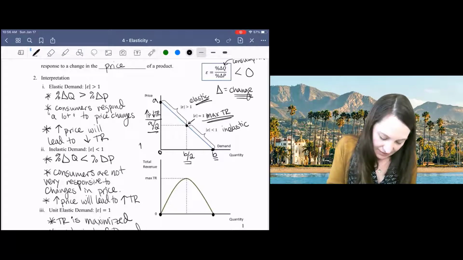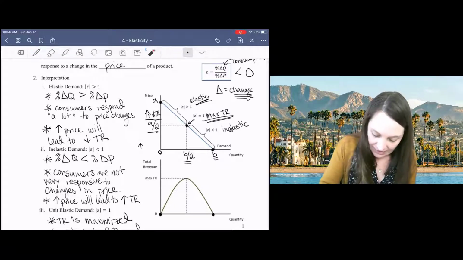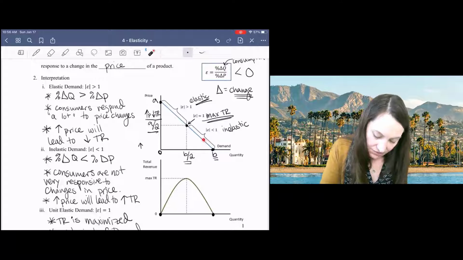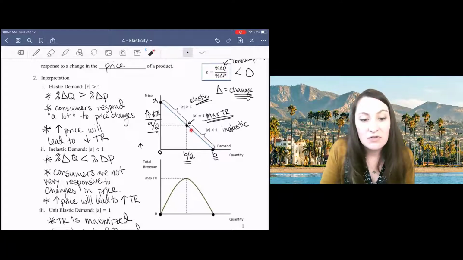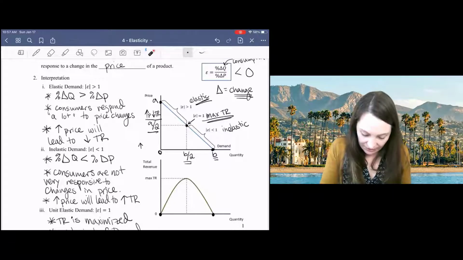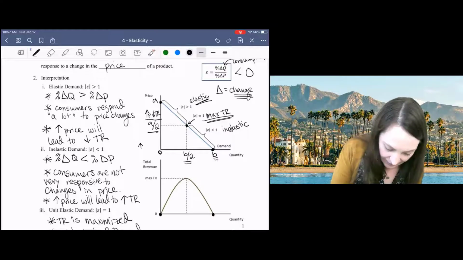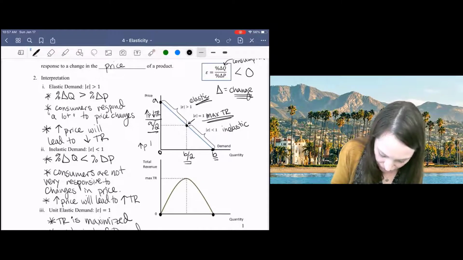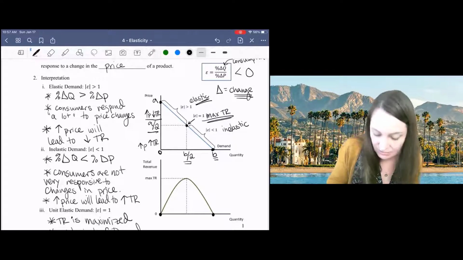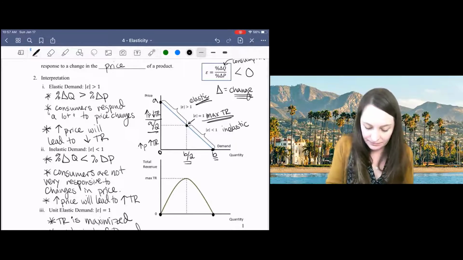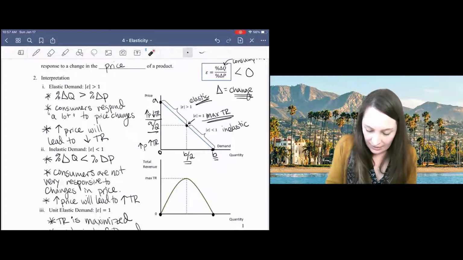Now, increases in price along the inelastic portion of the demand curve mean that I'm moving towards the maximum total revenue point. My total revenue is increasing. So here, price and total revenue will move in the same direction.